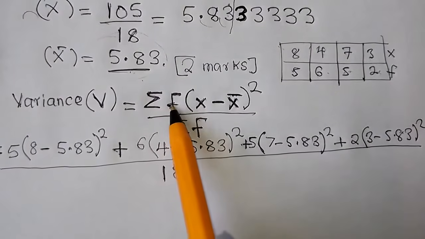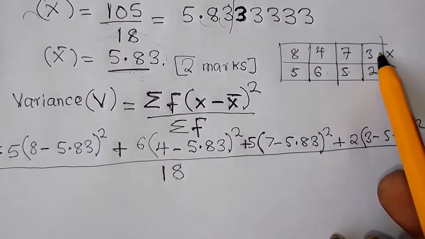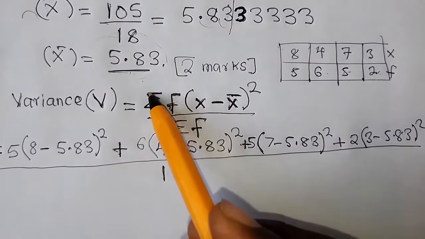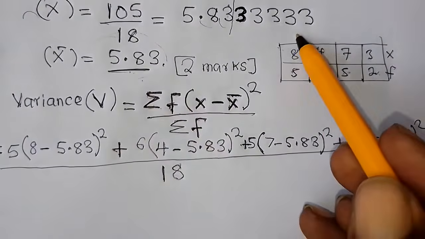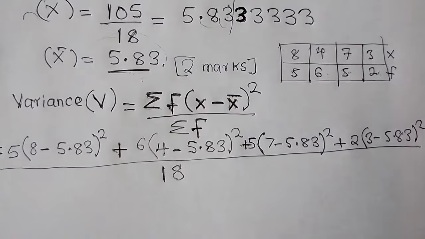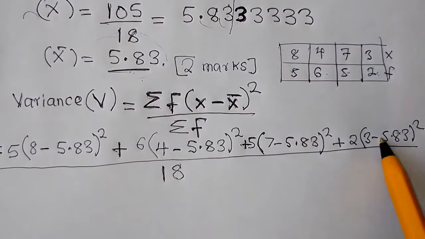The F here is the frequency. This is the X, which you're able to see there. So you say summation is adding, I told you, so don't be confused about this. You'll be going 1, 2, 3, 4, which means you're going to add 4 things. So 1, 2, 3, 4, there are 4.